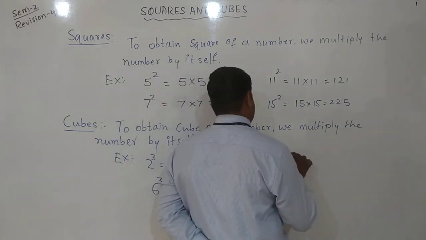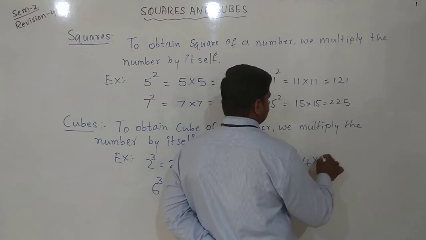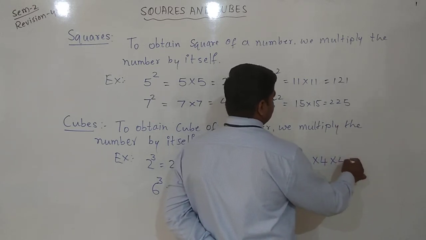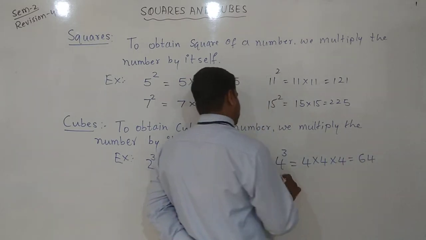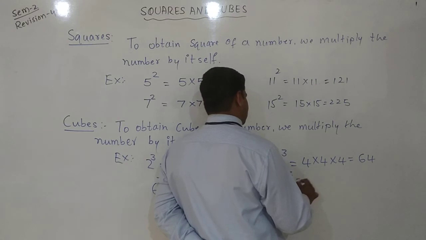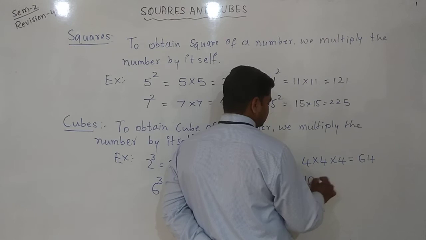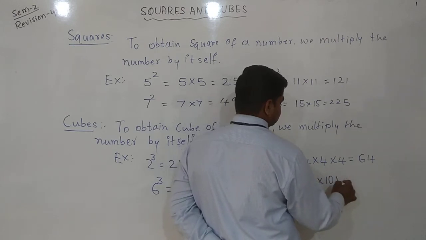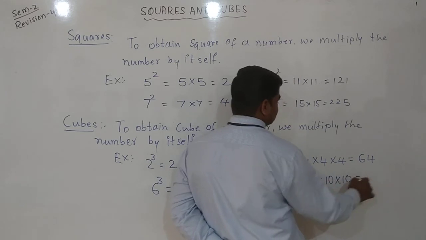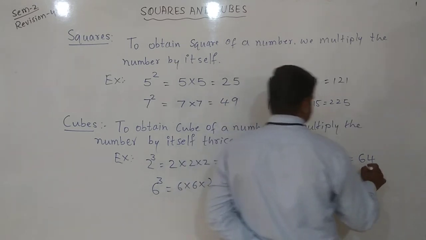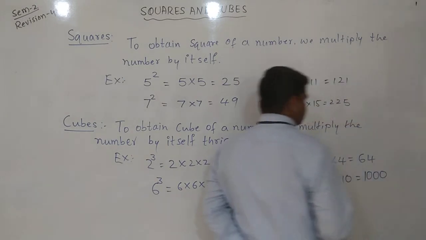Then 4 cube. 4 fours are 16, 16 fours are 64. Right. Next, 10 cube, 10 into 10 into 10. 10 tens are 100, 100 tens are 1000.